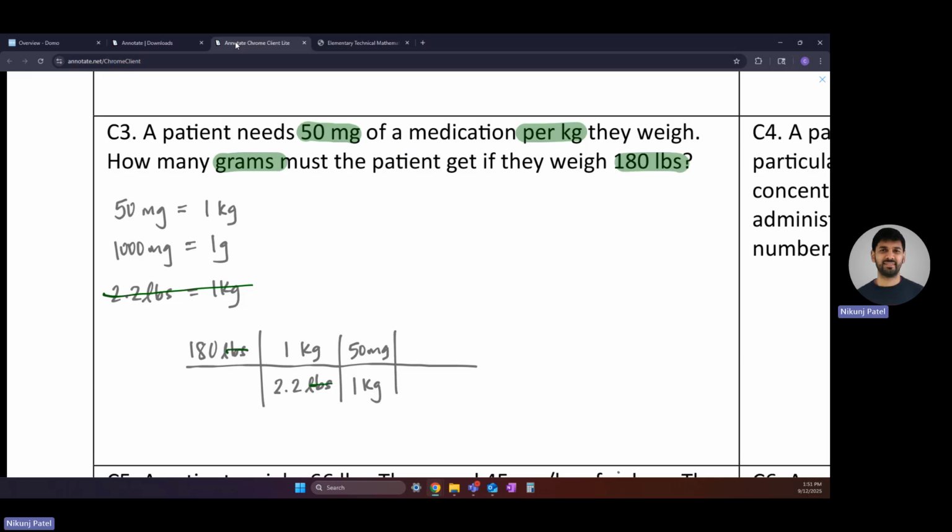We can, if you want, mark off your units as you go. Our last conversion here should be 1,000 milligrams is equivalent to 1 gram, because the question asked us how many grams should we give. So we see grams there at the end, and that's good.